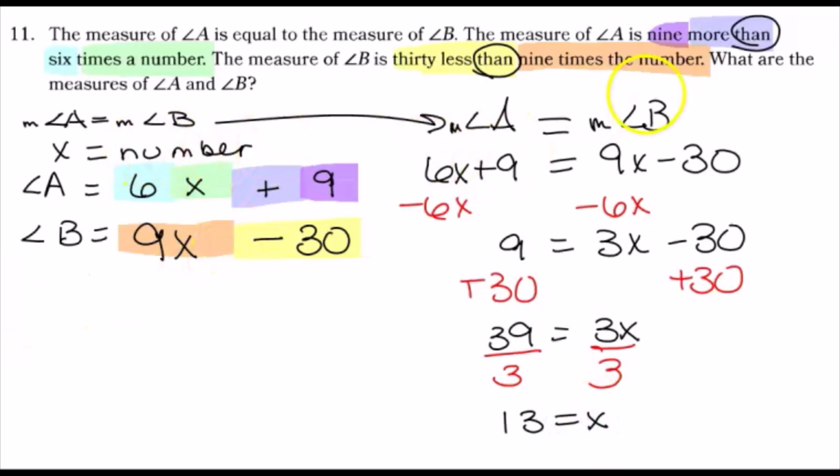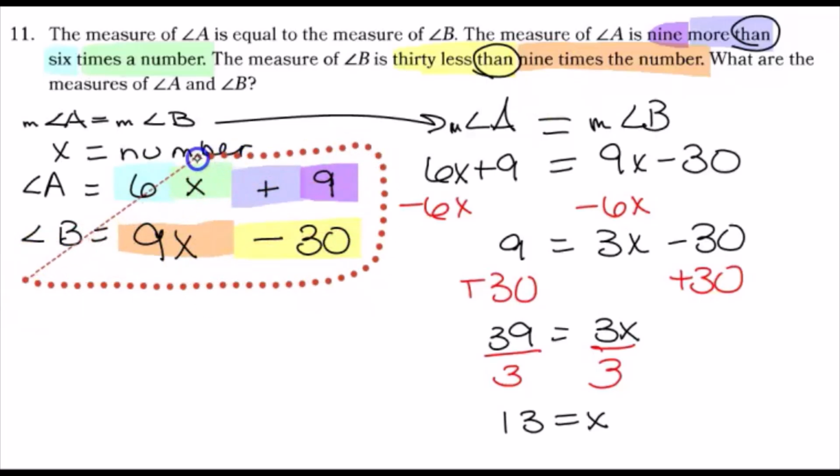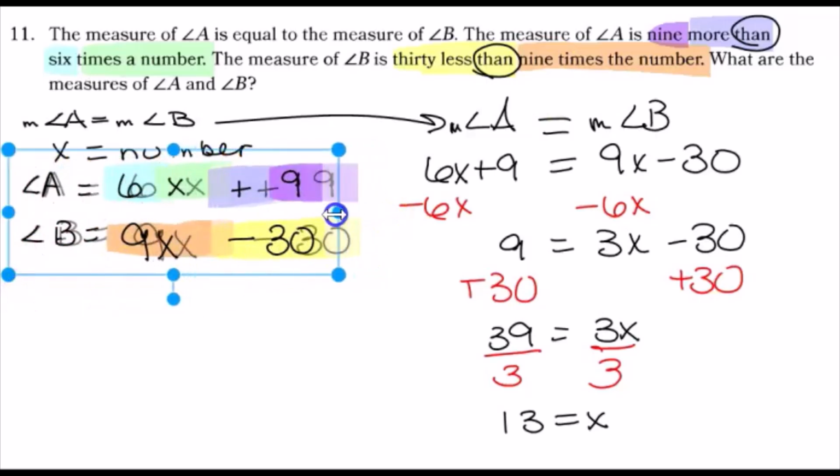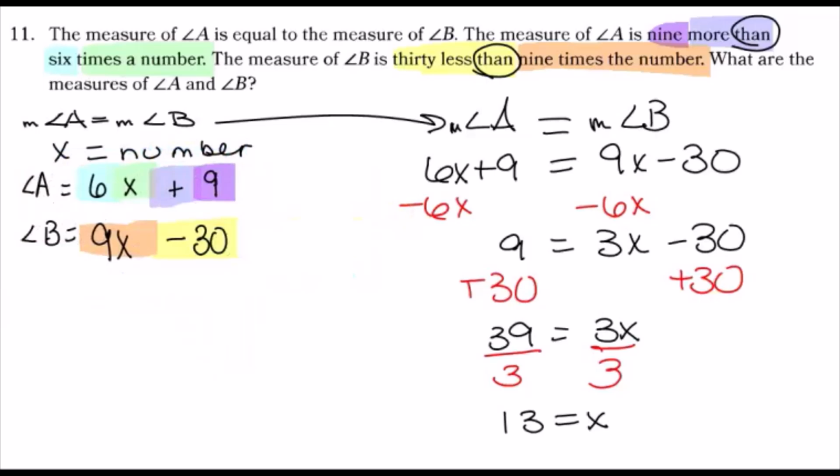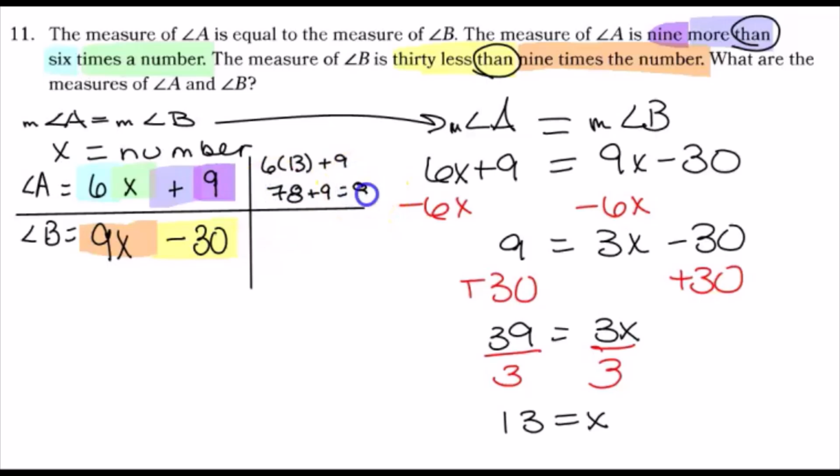To check it real quick, well, it's asking me what are the measures. If I had set this up to be more of a table, which I'm going to squeeze in now, 6 times 13 is what? 78 plus 9, which is, I believe, 87 degrees.